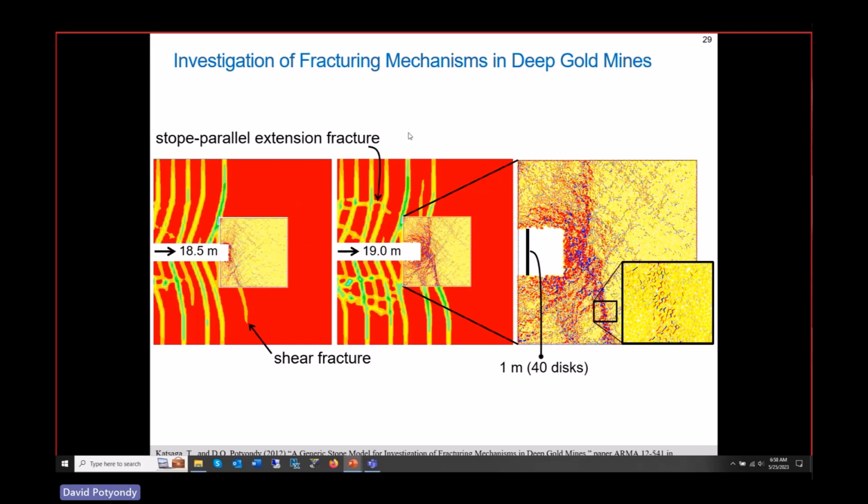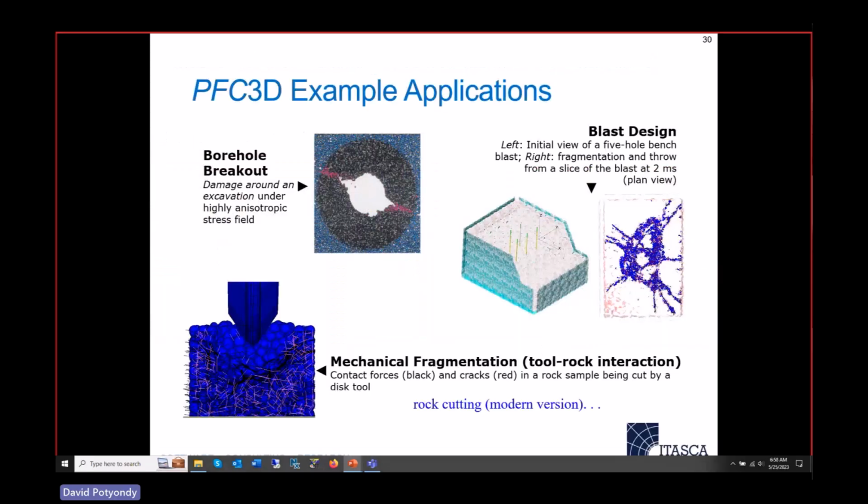So we're seeing both of those things in the models, some of them in the continuum, some of them in the shear part in just this PFC region. This is what they see underground as well. Seems to be making a lot of sense.